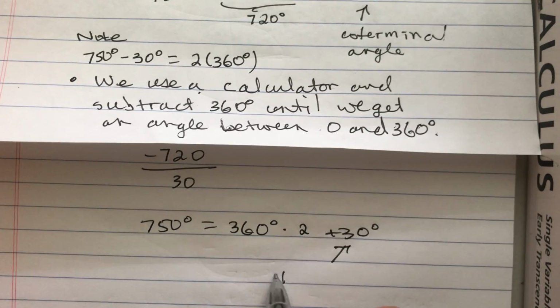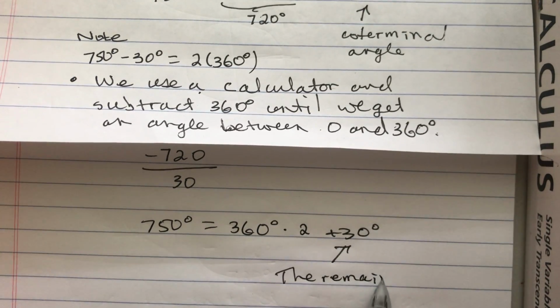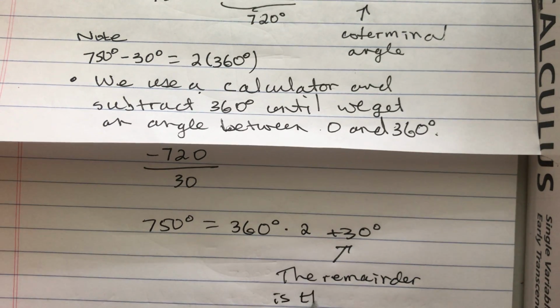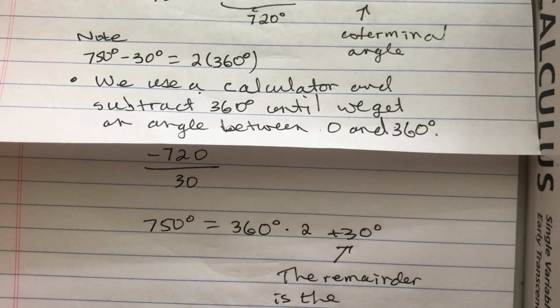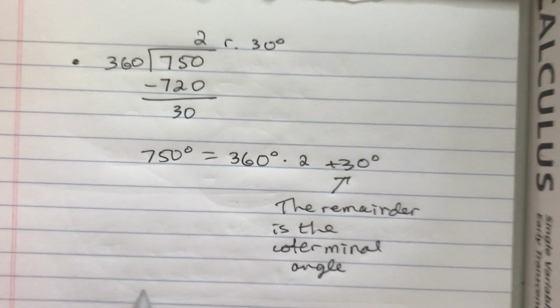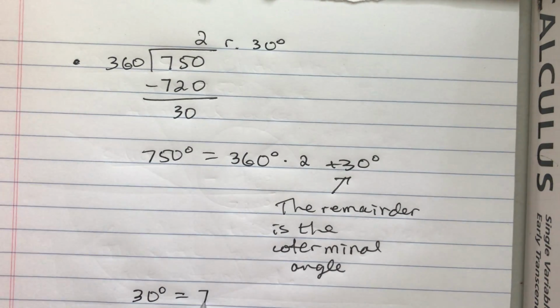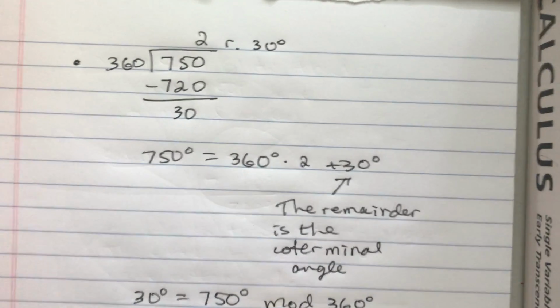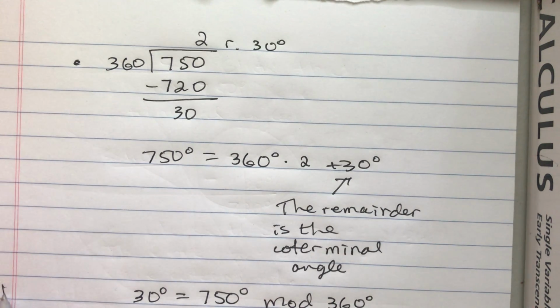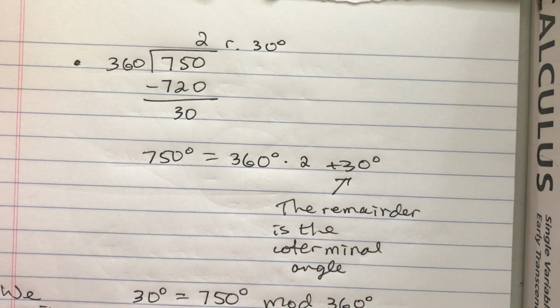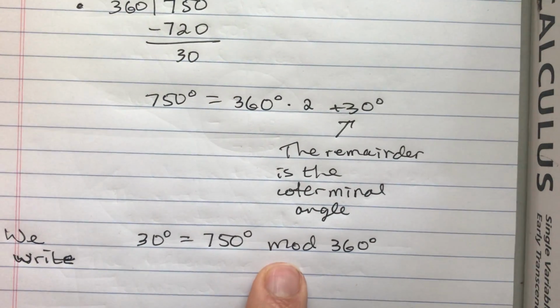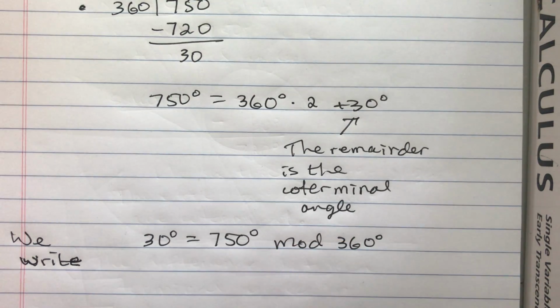The remainder is the coterminal angle. You'd have to use long division. So in other words, there's a way of saying this: 30 degrees is 750 degrees mod 360 degrees. So that's modular arithmetic. We don't really use that very much in calculus at all, but it's used in other places in math. So it's the remainder. That's how we write this.